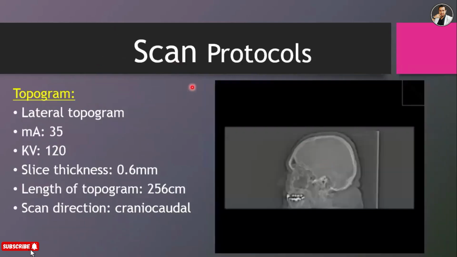Now the scanning protocol. First we will take a topogram. This is a lateral image, with mA 35, kV 120, and slice thickness 0.6 mm. Topogram length is 256 mm.